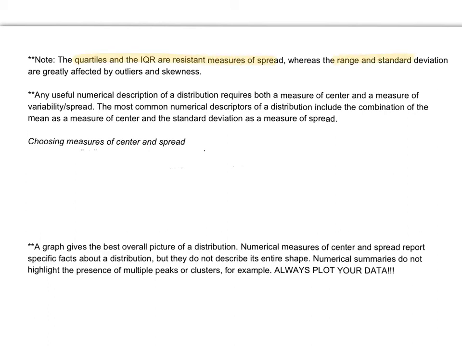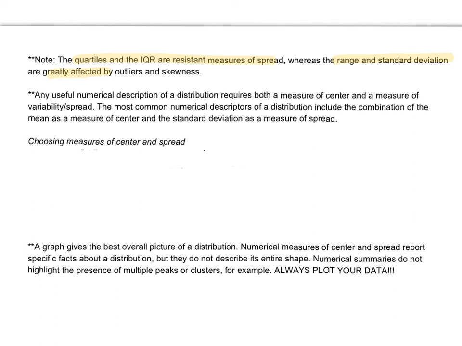The range and the standard deviation are not resistant. They are greatly affected by outliers and skewness. Important. Any useful description of numerical values in a distribution requires both a measure of center and a measure of variability or spread.